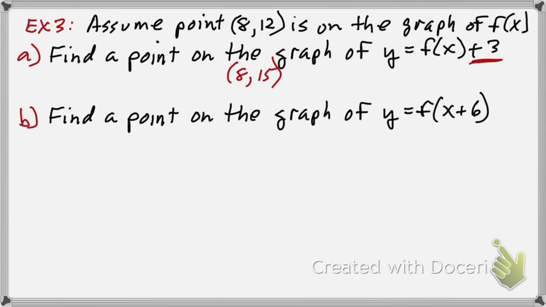So if I go 6 to the left of this 8, that's going to be a 2, isn't it? I'm not messing with the y's, so that stays 12. So that point would be the original point of the function, the 8, 12 point, translated 6 to the left.